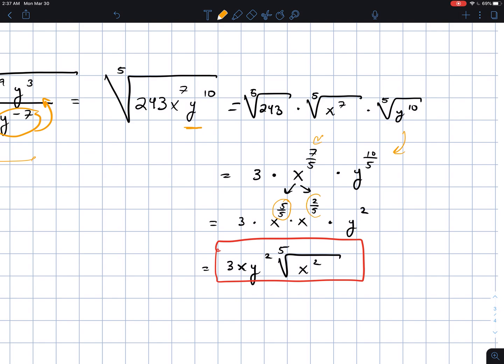And the leftover 2/5, which would then make the 7/5. So now when we put this all together, we now know that we have 3x for sure, and a what? Y squared. The only thing that doesn't cancel out is the x to the 2/5 power. So I just rewrote that right here.